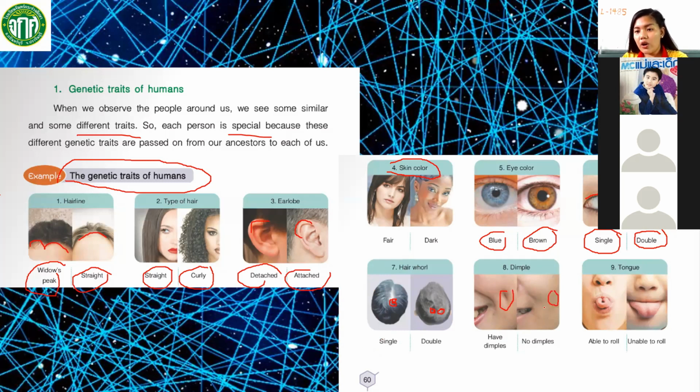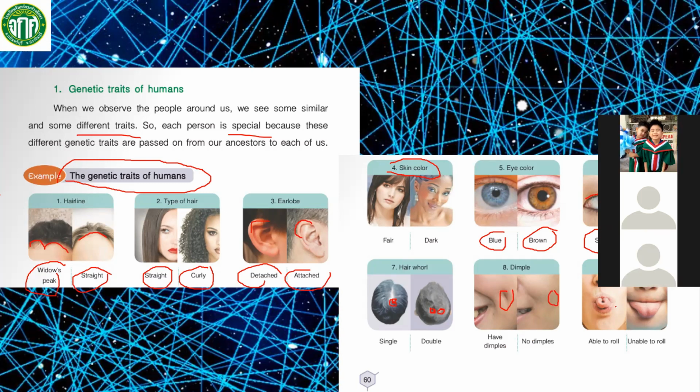Okay, do you have a dimple or none? None. Okay, so no dimples. Who among you in grade 5 has a dimple? Anyone? Oh, I think Gao has a dimple. Gao, do you have a dimple? Yes. Okay, so Gao has a dimple.